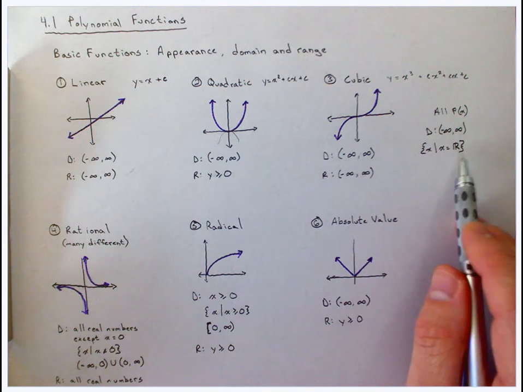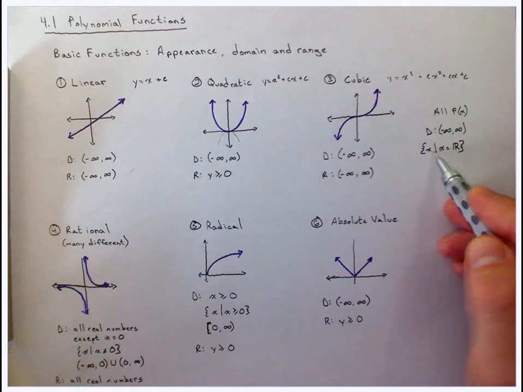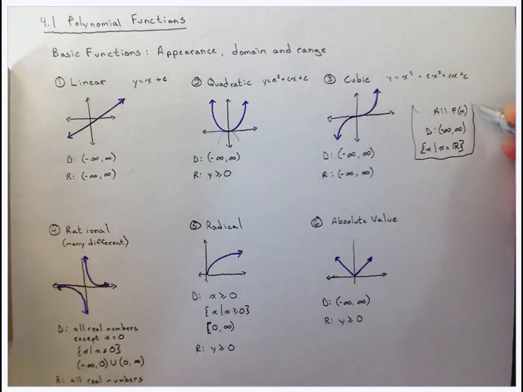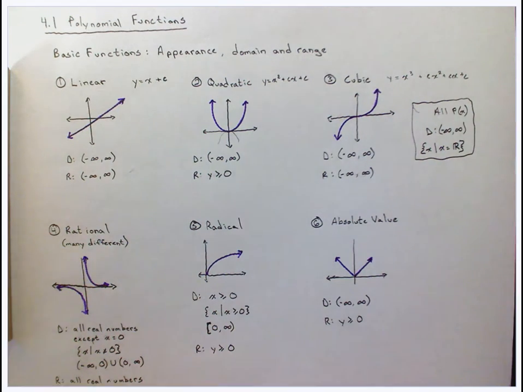In case you're familiar with that, that helps you to be able to visualize and take it to what's written there. That is for all polynomials. So remember, what makes it a polynomial is whenever your exponent is a whole number.